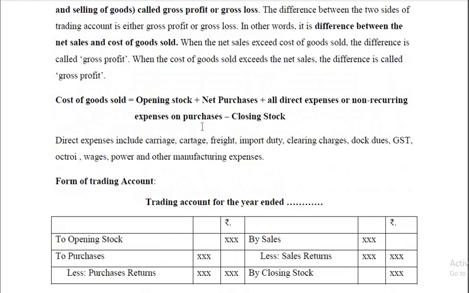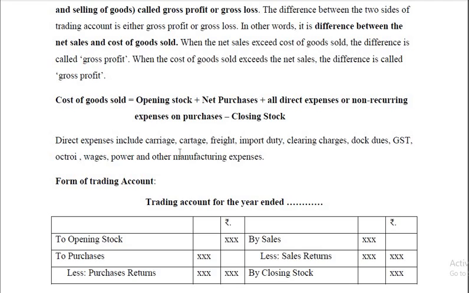What is cost of goods sold, and how is it calculated? It is calculated using this formula: opening stock of goods, add net purchases of goods. Net purchases means purchases minus purchase returns. And all direct expenses.